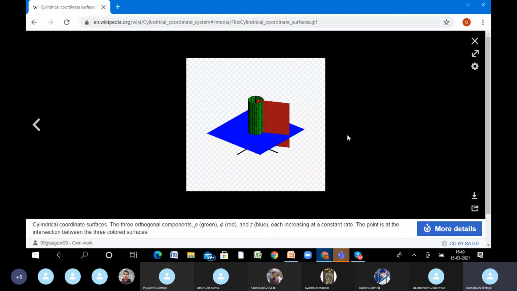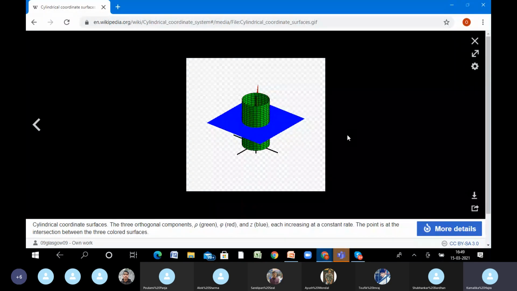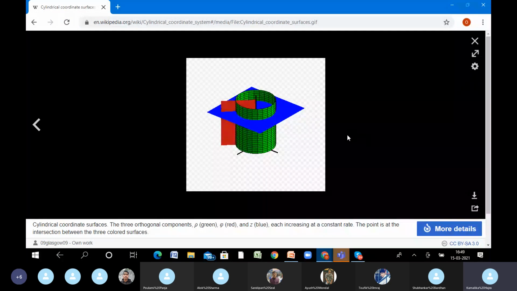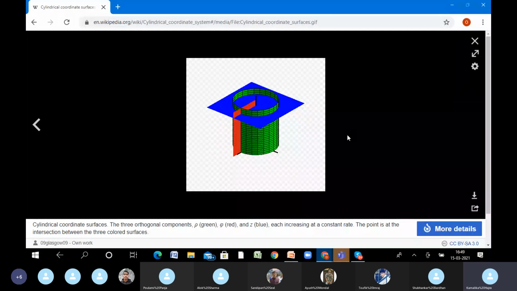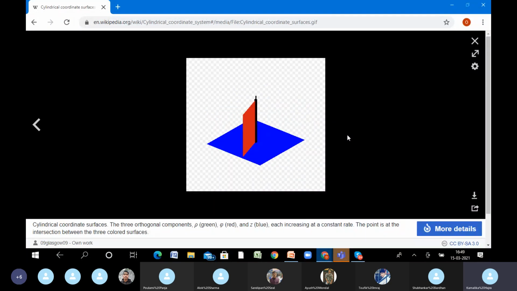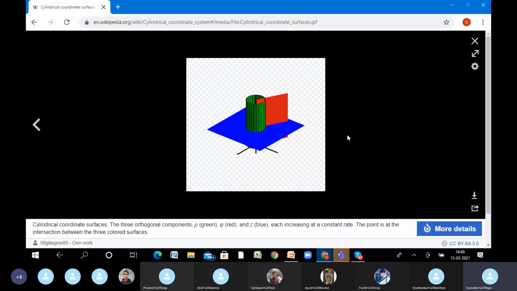So it's a cylindrical surface that starts from the z-axis and extends outwards. And the third surface is the plane where z has not been specified, so it moves up and down along the z-axis. Does this picture make it clear to everybody what are the surfaces that intersect to form the cylindrical coordinate system?